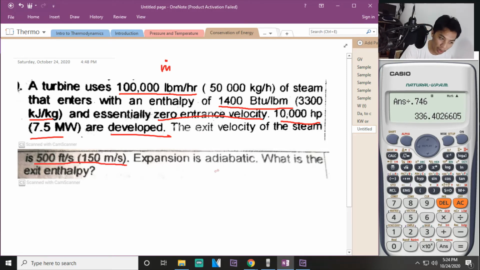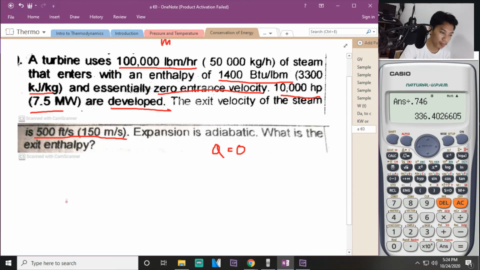Expansion is adiabatic, ibig sabihin, zero heat added or zero heat lost. Okay? What is the exit enthalpy? So, E-in, E-out na naman tayo. Energy in is equal to energy out.